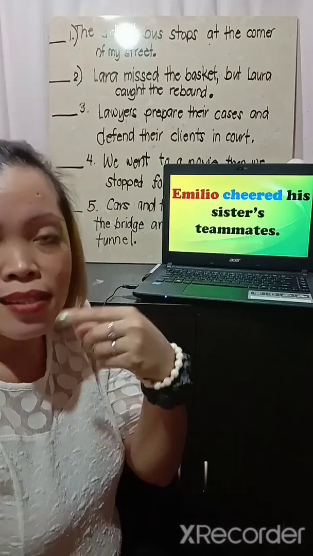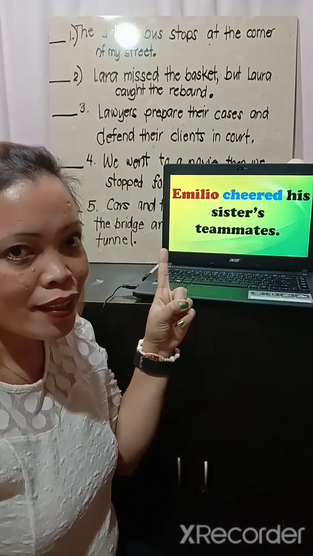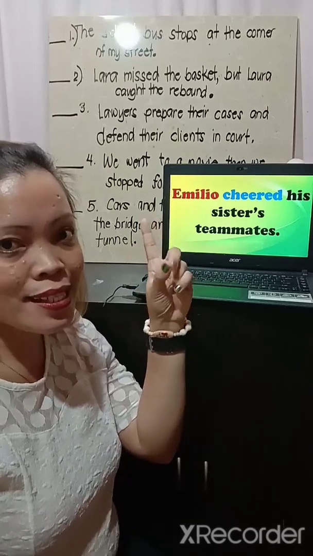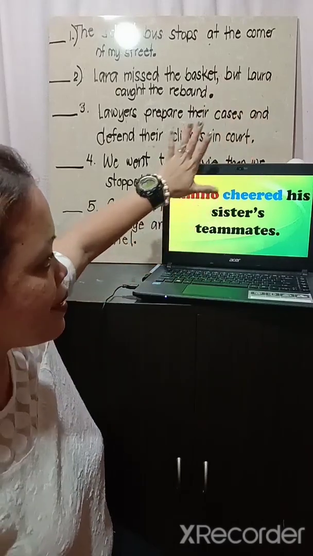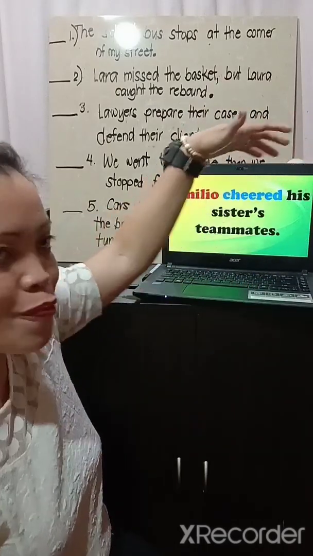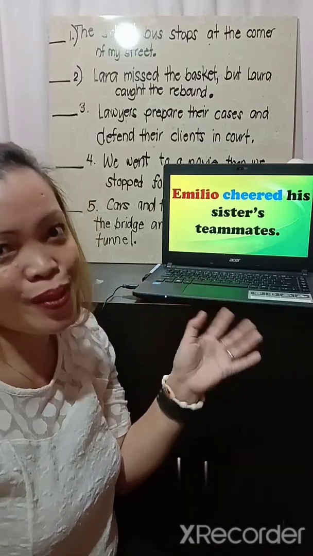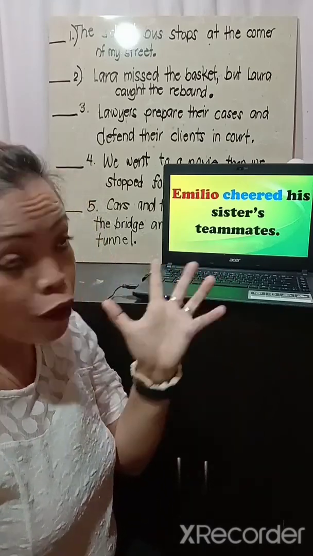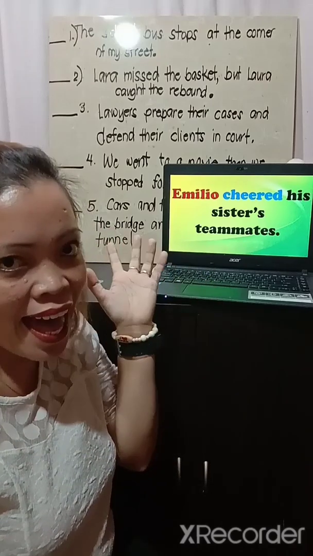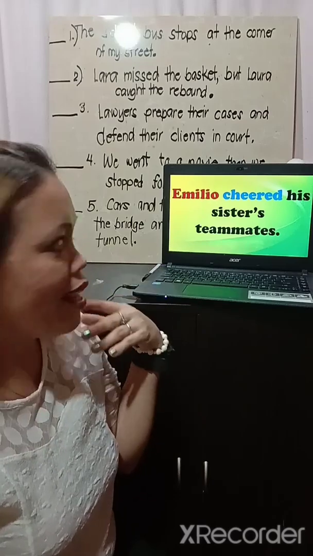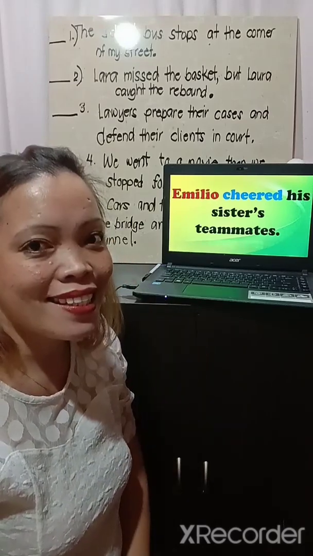So a simple sentence can be formed by a simple subject and a simple predicate. If you make sense of our group of words, it is an independent clause, a group of words that expresses a complete thought or meaning. It already has one subject and one predicate.